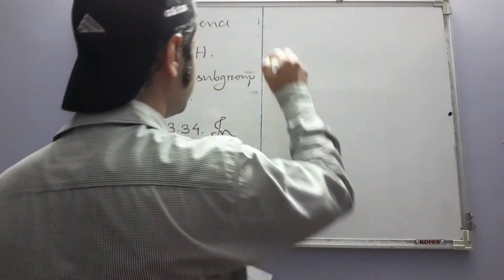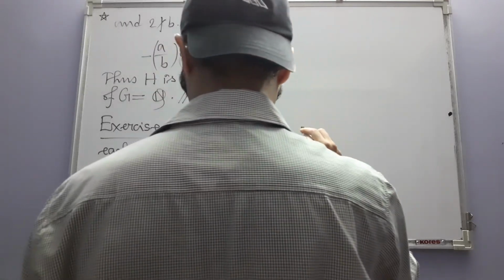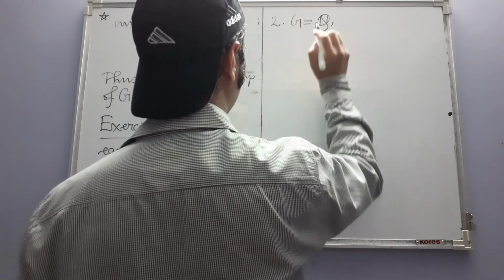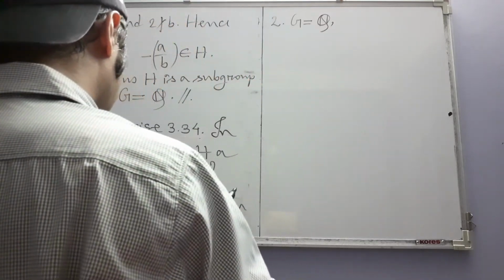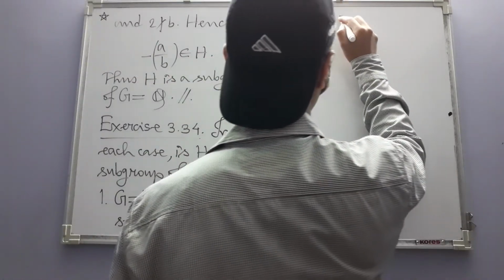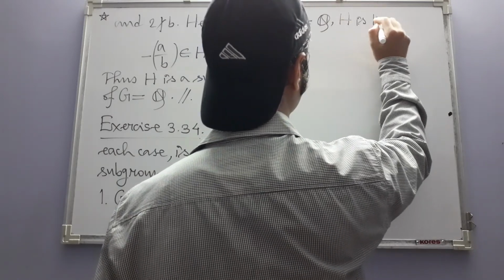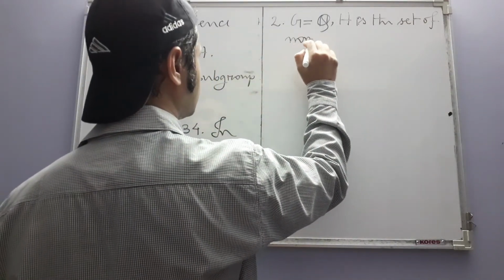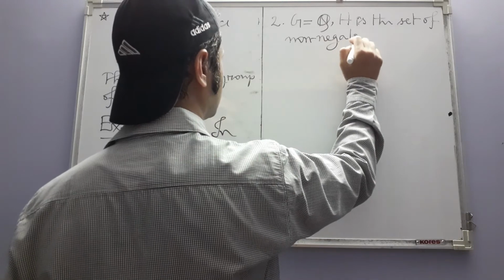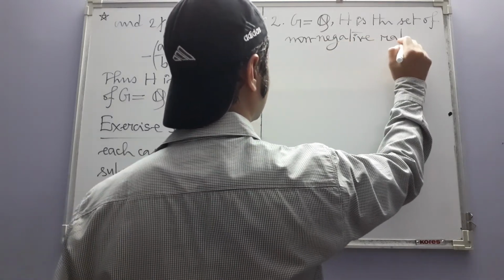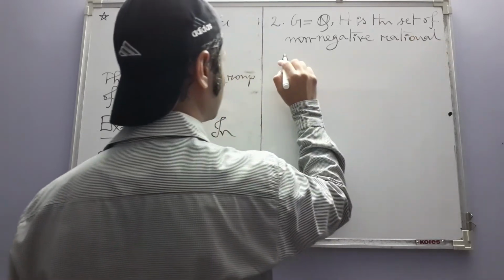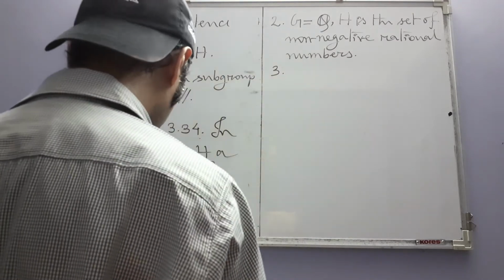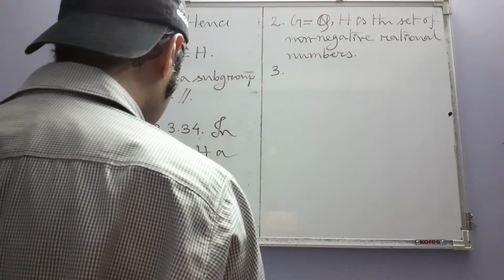The second one is again the group of rational numbers under addition, and H is the set of non-negative rational numbers. And what about the third? G is the multiplicative group.